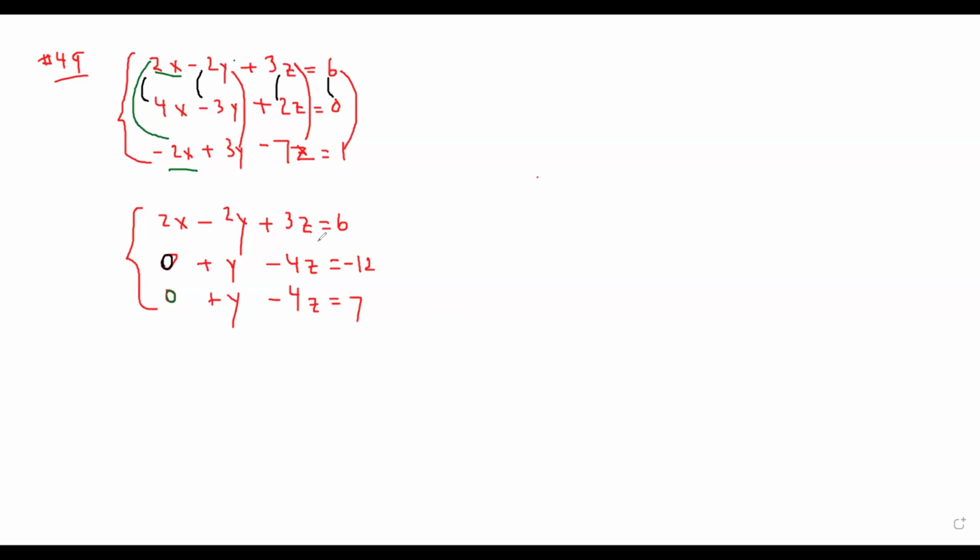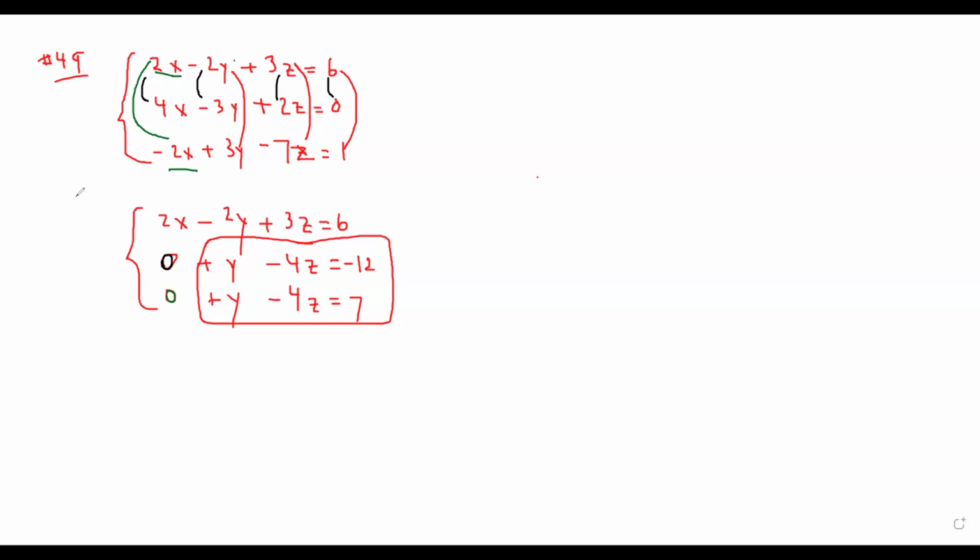And now I'm going to need to work on this little system of 2 equations and 2 unknowns, because I can solve it just like we did already on the quiz. How to solve it? Well, looks like I just can subtract these equations.